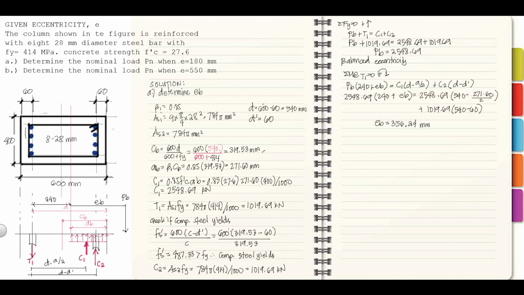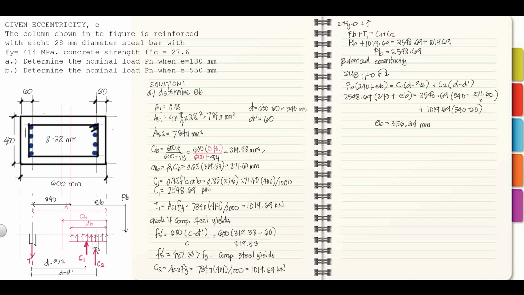So 600 quantity C, so yung na-solve natin yan, the CB, 319.53 minus D prime 60, all over C, 319.53. So we'll get the answer for Fs prime, that is equal to 487.33, which is greater than Fy. Therefore, compression steel yields.